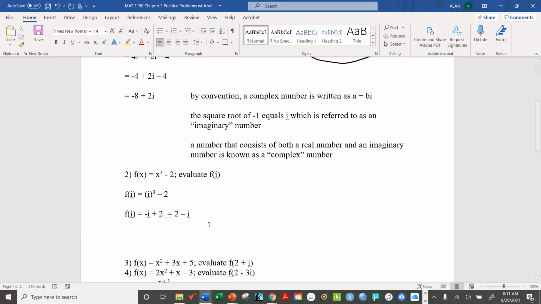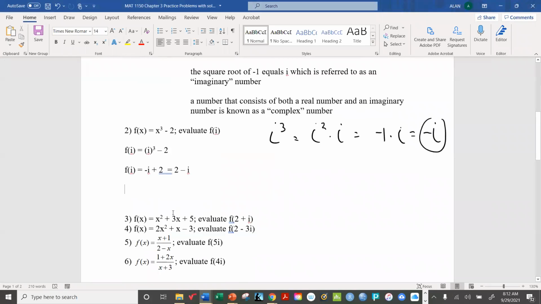Either one is correct. The key is that i cubed is i squared times i. If i squared is -1, therefore i cubed must be -i. That's why this is happening.